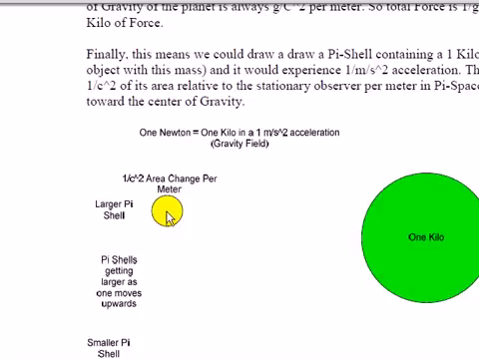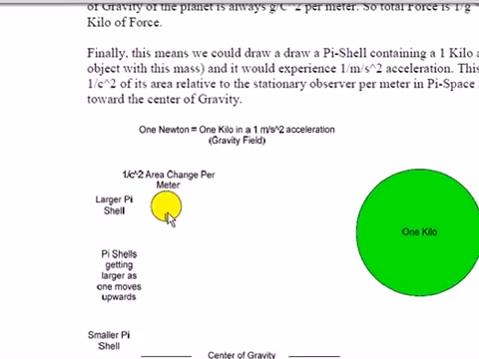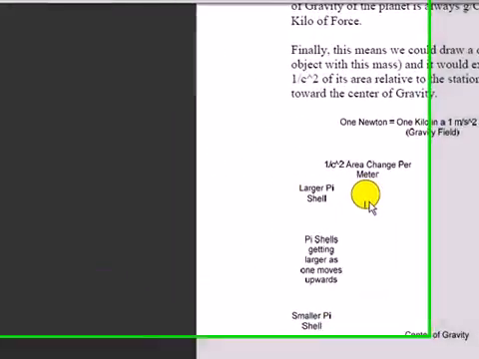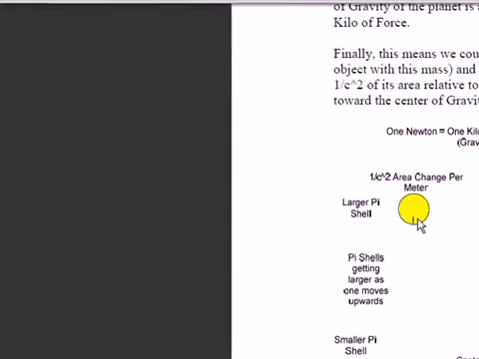So it's 1 kilo moving in this direction, for example, or being pushed and compressed, and losing 1 over c squared per meter of movement, and it will continuously lose that per meter, and that's what an acceleration is, and that's how to describe 1 Newton of force.